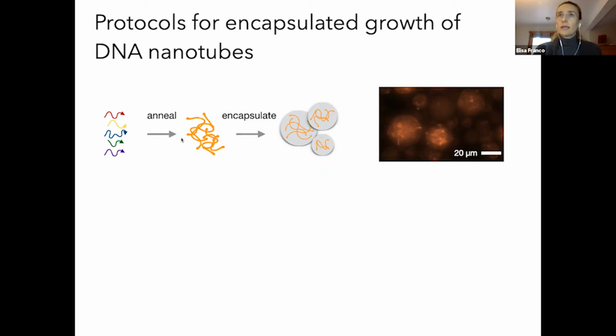So they are still there, but they tend to form these bundles and hairball structures that we don't particularly feel is controllable. So we did not use this protocol much further, but you can do that.